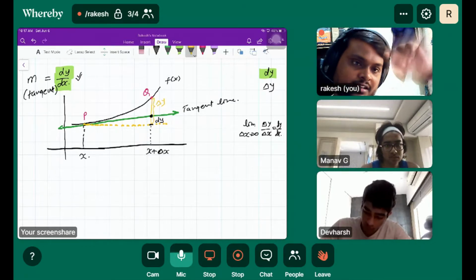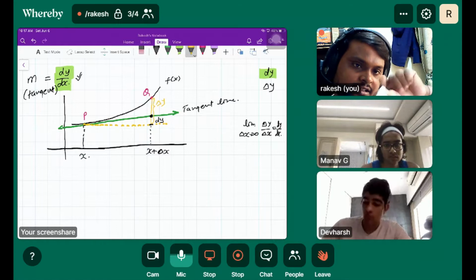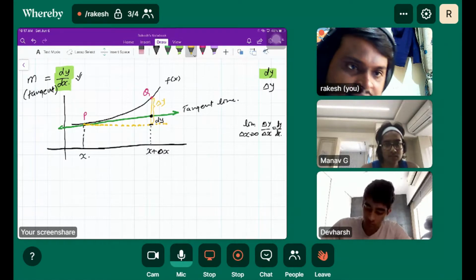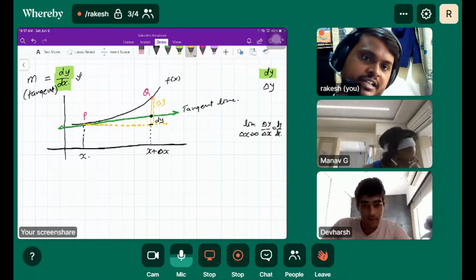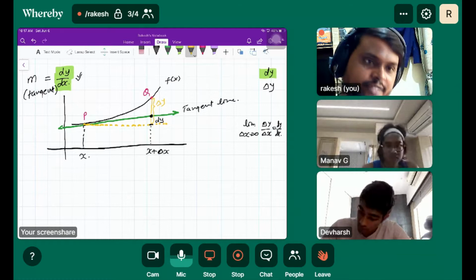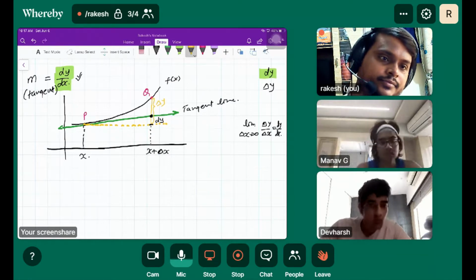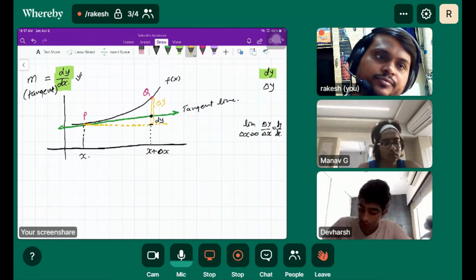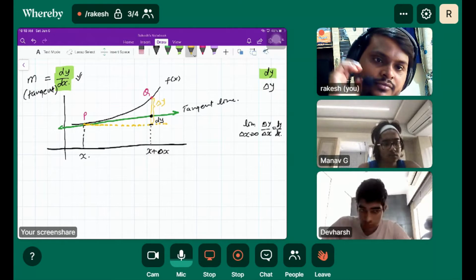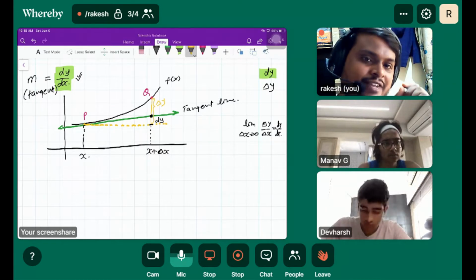It doesn't mean that the upper distance is delta y and the lower is dy. It isn't like that. The whole is delta y, the smaller is dy. So that is where this dy came from.